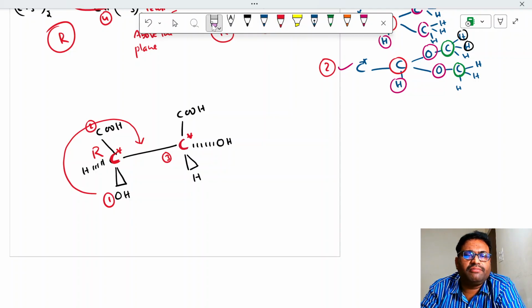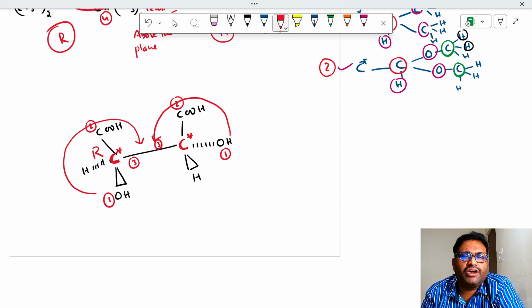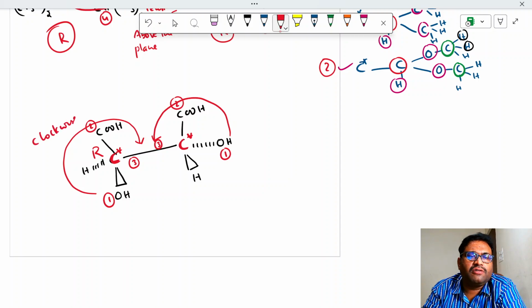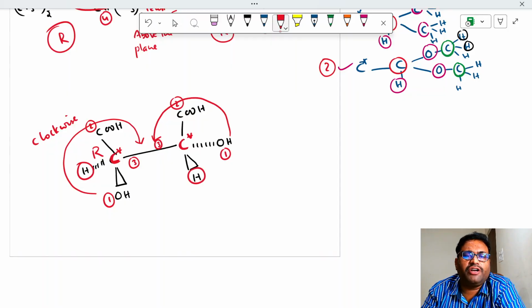What about this carbon atom? OH first priority, COOH second priority. This total group will be third priority. Now here 1, 2, 3. Okay, rotate, that means draw an arrow. You are finding anti-clockwise. Here H is not below the plane; H is above the plane. So what you observe, you have to write the opposite of that.